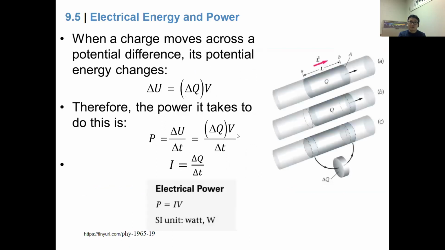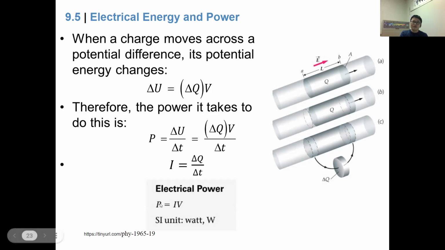Next, let's quickly take a look at electric energy and power. When a charge moves across a potential difference, there's an energy change for that charge. The energy change is equal to the charge times the voltage change, V. Power is the change in energy, delta U over delta T. So that's delta Q over delta T times V, but delta Q over delta T gives you I, according to the definition.